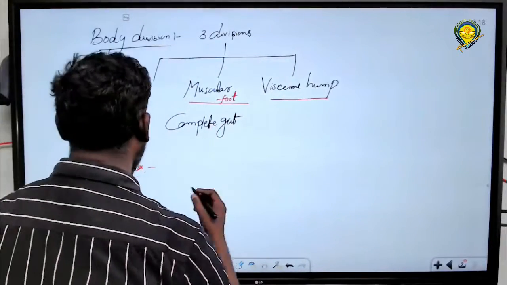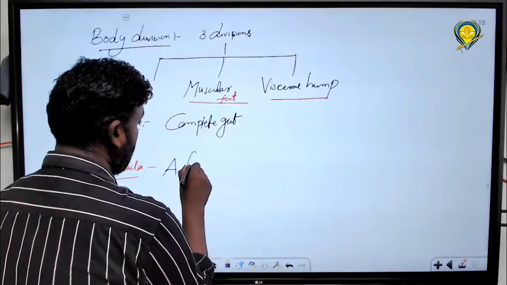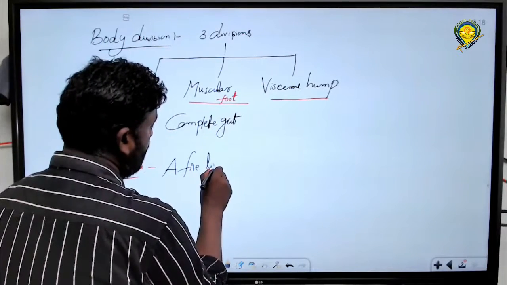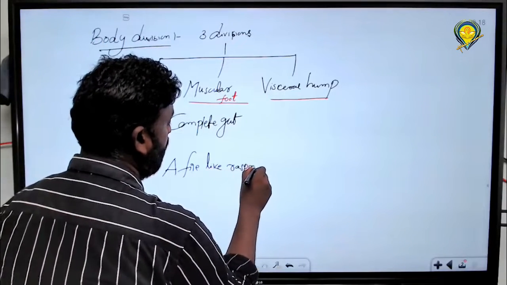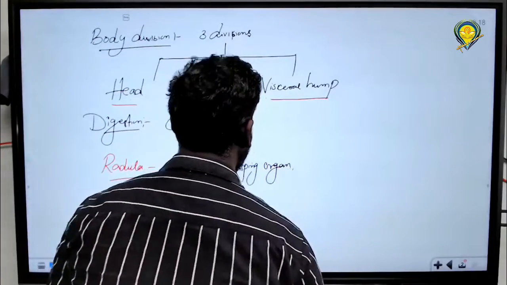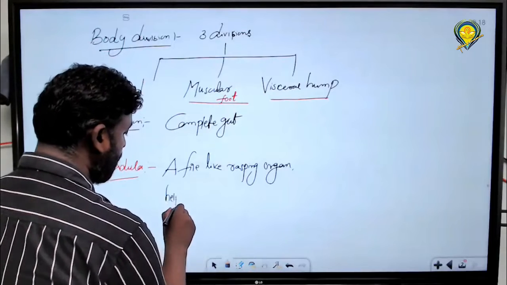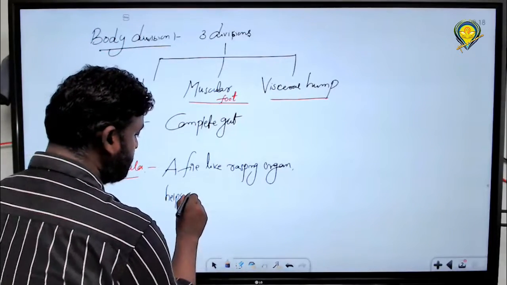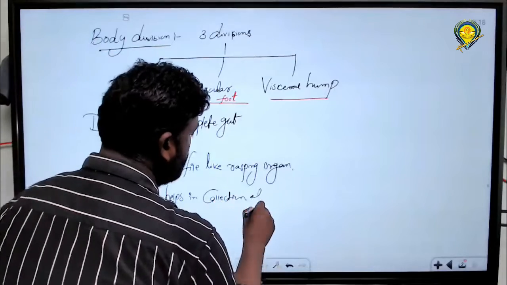Please write it as a concept you already discussed. A file-like rasping organ helps in collection of food.